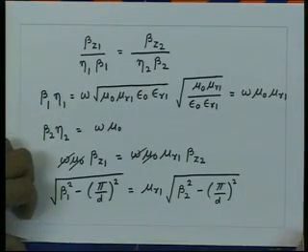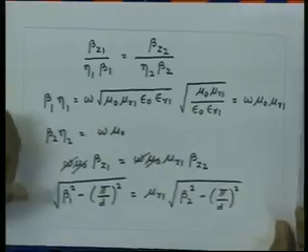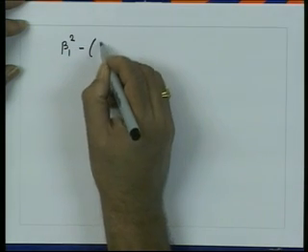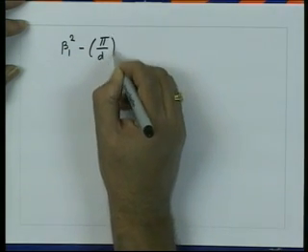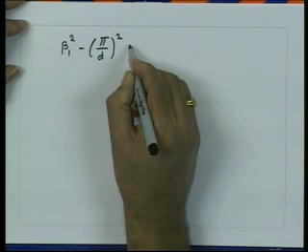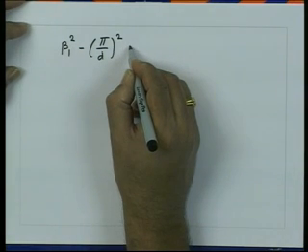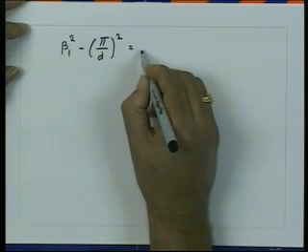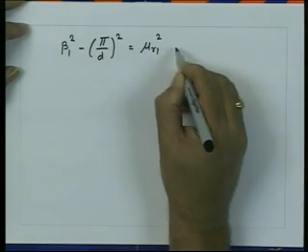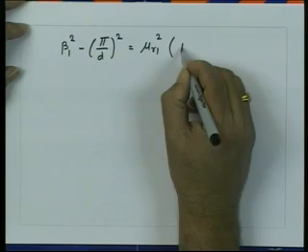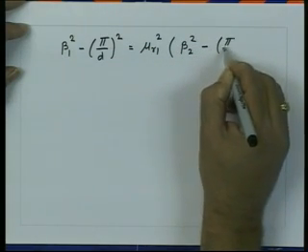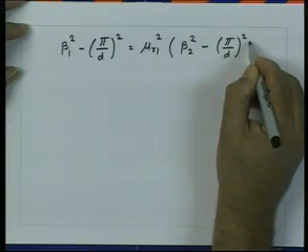Once we get that, then we can simplify these expressions, and we get from here beta 1 square minus pi upon d whole square, that is equal to mu r1 square into beta 2 square minus pi upon d whole square.